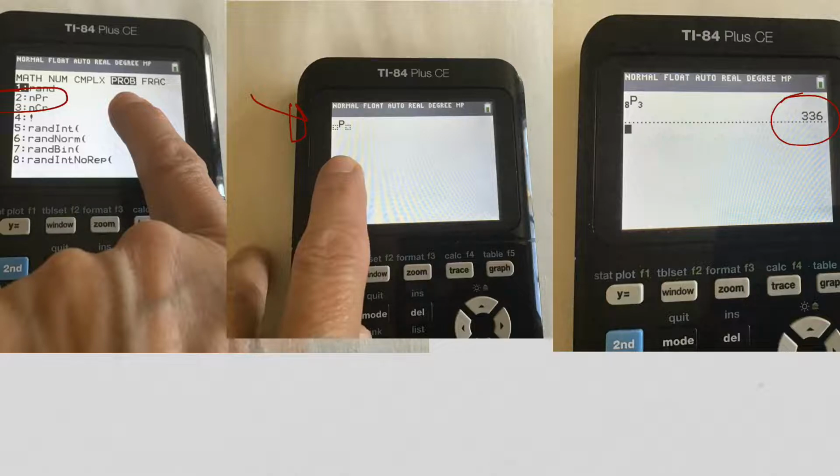I believe if you have a TI-83, you need to put the 8 in first, then go to math, over to probability, press number 2, and then you would input 3. So those that have different versions of the calculator, if you're having trouble, please let me know. I'll try as best as I can to explain it to you. But this is for the 84. Try it, see if you could get it.